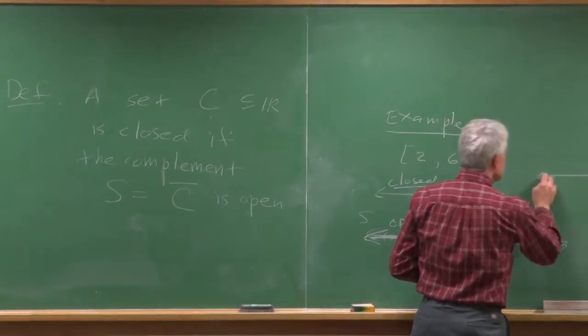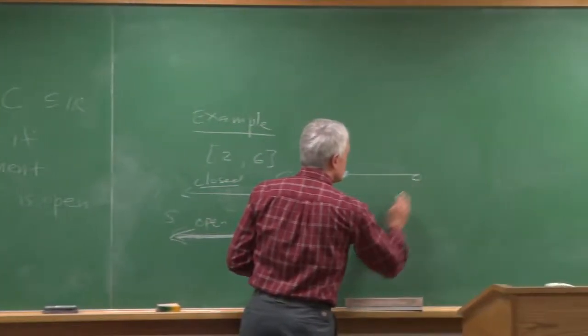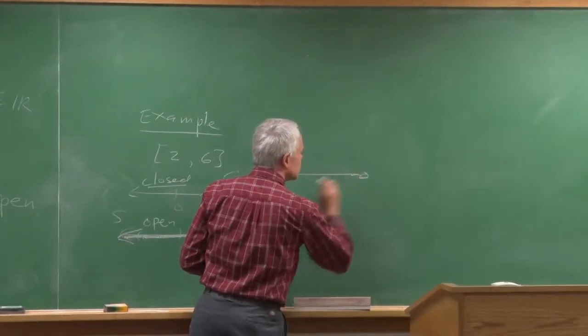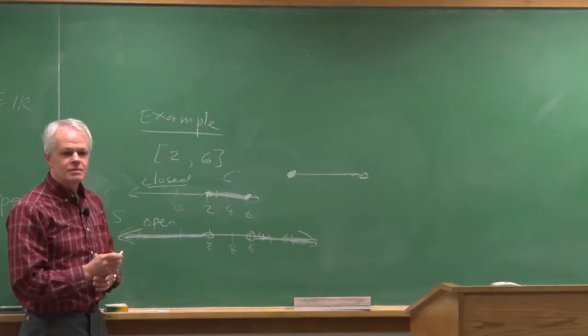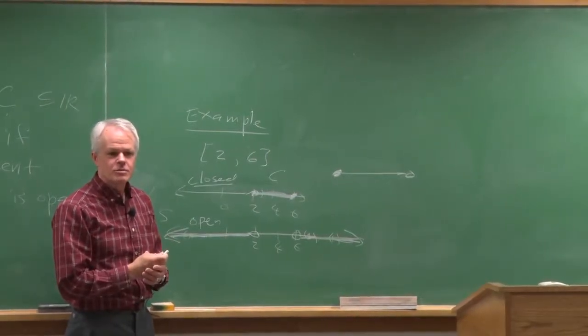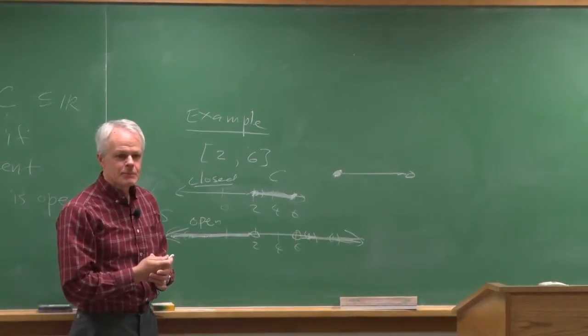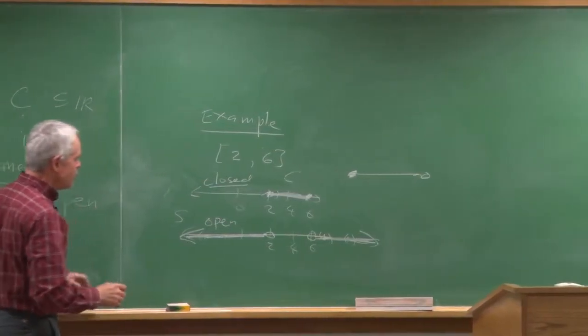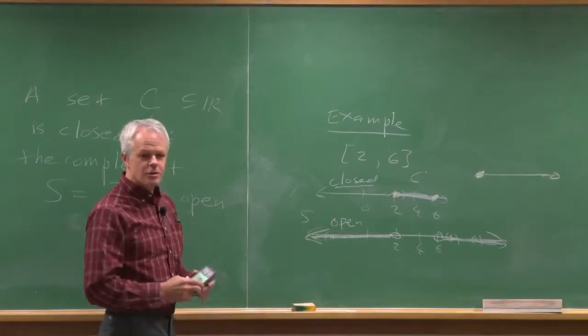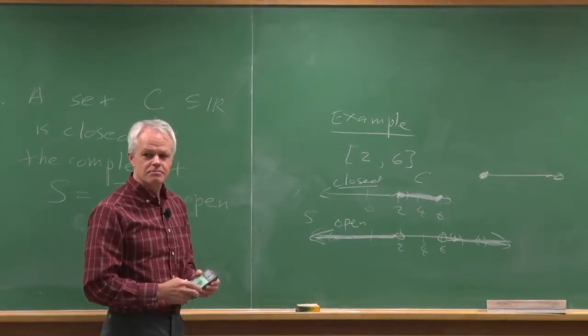Yeah, it could be an interval that's open on one end and closed on the other. Then that's not going to be open and it's not going to be closed. There are much more complicated examples, but that's just the idea of the definition.